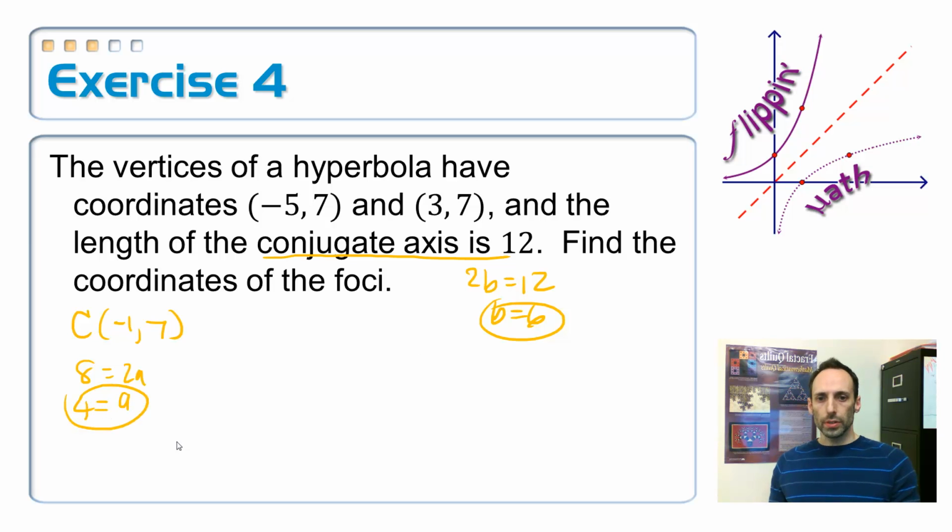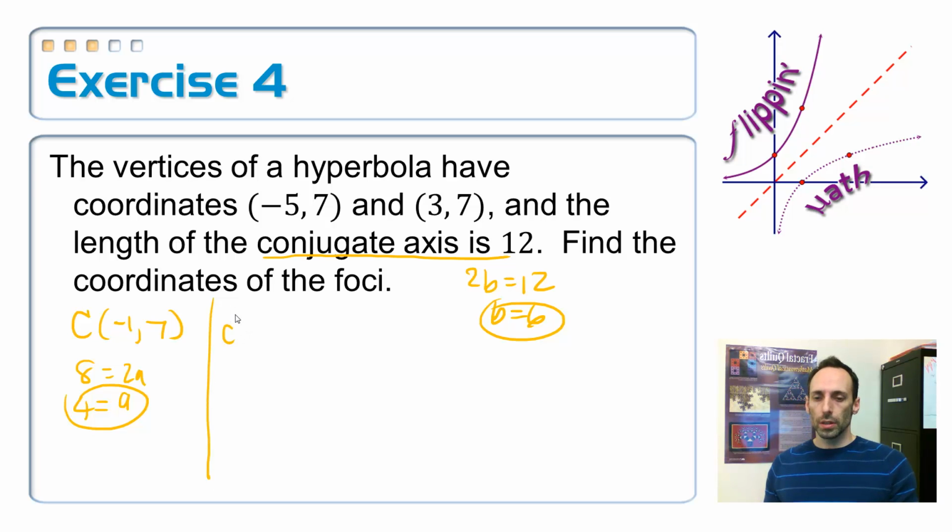Hey, take a look at this. The a value is 4, but my b value is 6. The a is not necessarily bigger than the b. The transverse axis does not have to be bigger than the conjugate axis. Okay, so in order to find the coordinates of the foci, I need to find my c. To find my c, I'm just using the regular Pythagorean theorem.